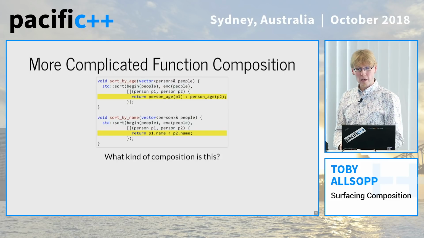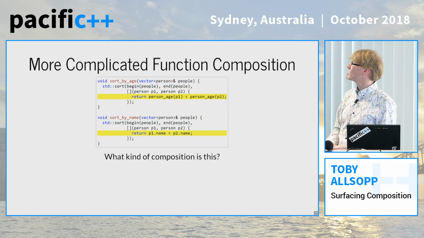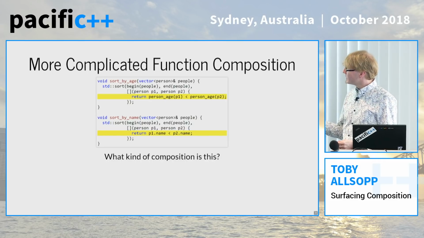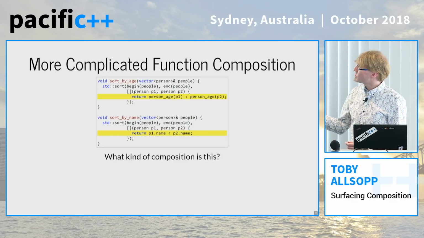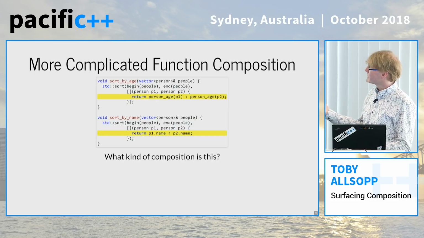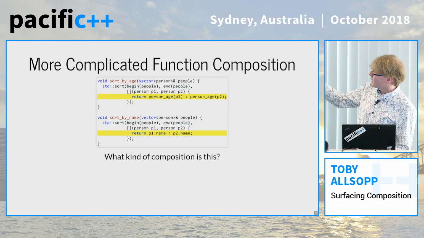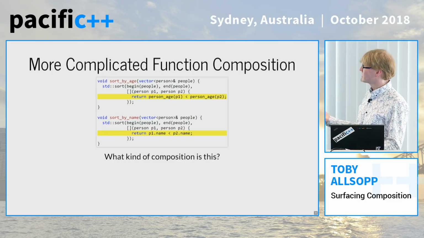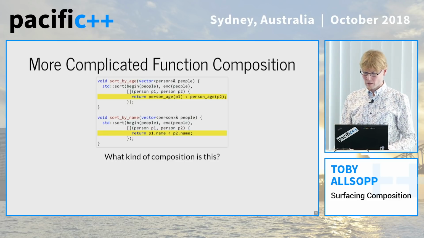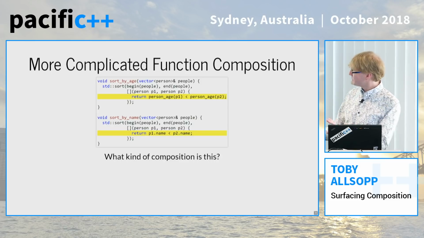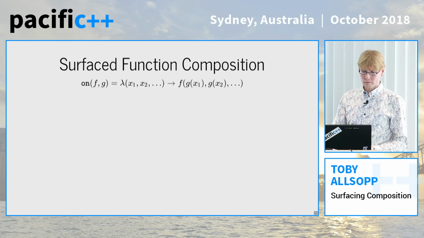But this is not quite the same as the previous kind of function composition. We've got two functions going on there. We've got the less than operator, and we've got the function that we're applying to both parameters. So it's a kind of a more complicated composition.